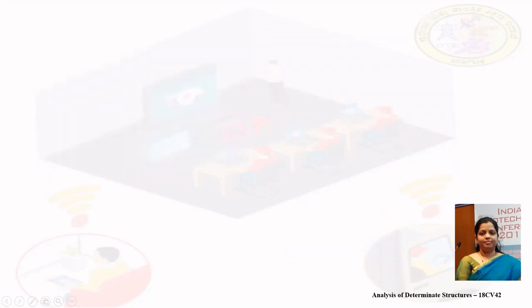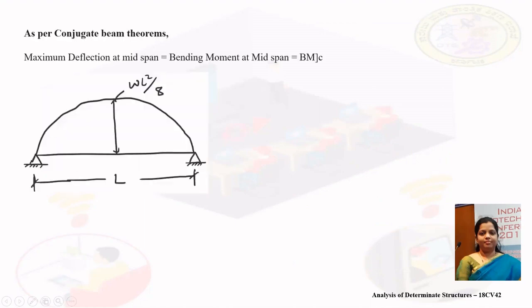Next, we will move on to computation of maximum deflection. As per conjugate beam theorem, maximum deflection will be equal to maximum bending moment at midspan. First, let us consider the M by EI diagram, conjugate beam.